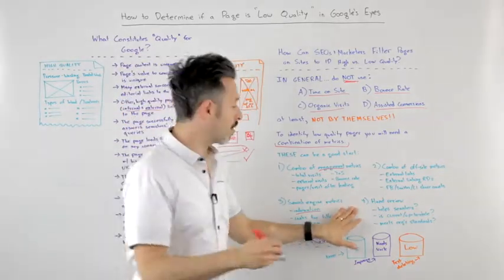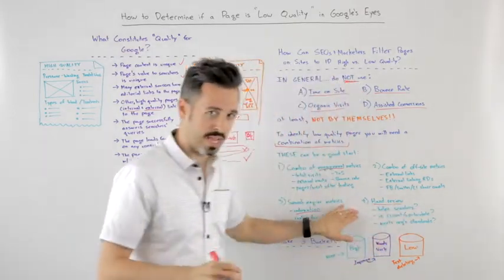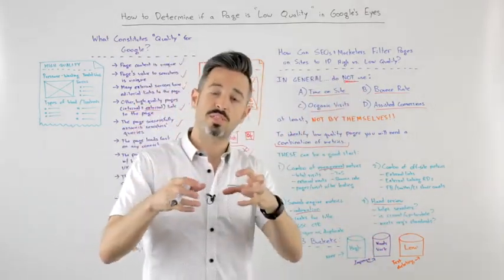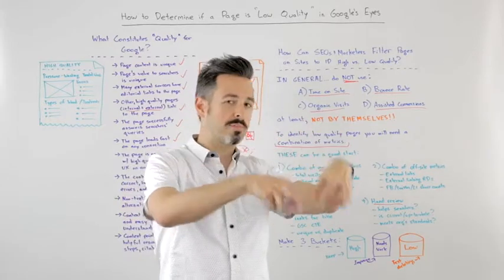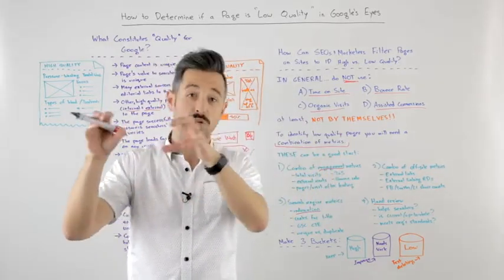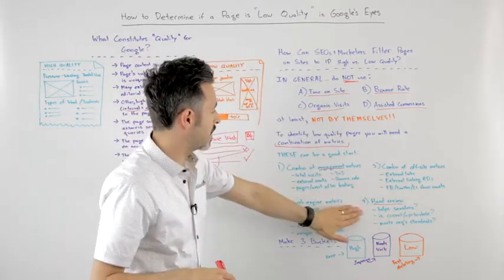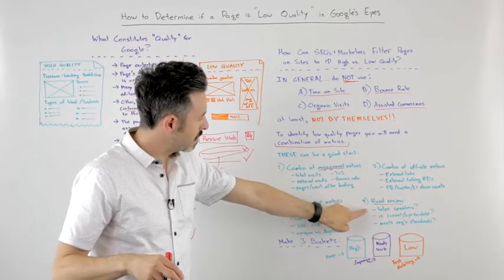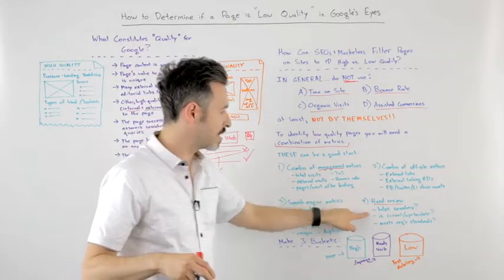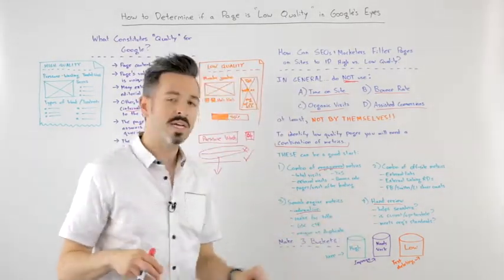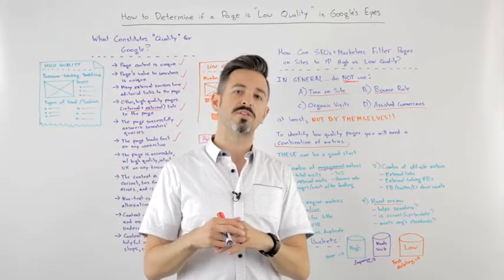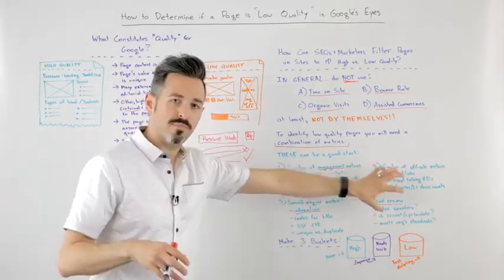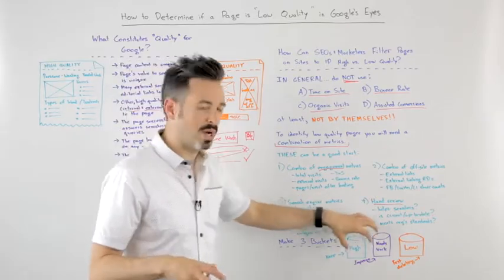And last, you are almost definitely going to want to do an actual hand review of a handful, right? So look at pages from subsections or subfolders or subdomains if you have them, and say, oh, hang on, does this actually help searchers? Is this content current and up to date? Is it meeting our organization's standards? And using these combination of metrics, you can build some buckets.